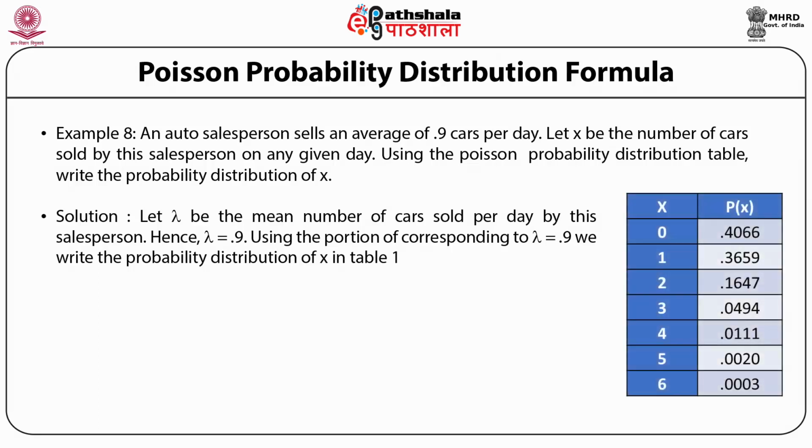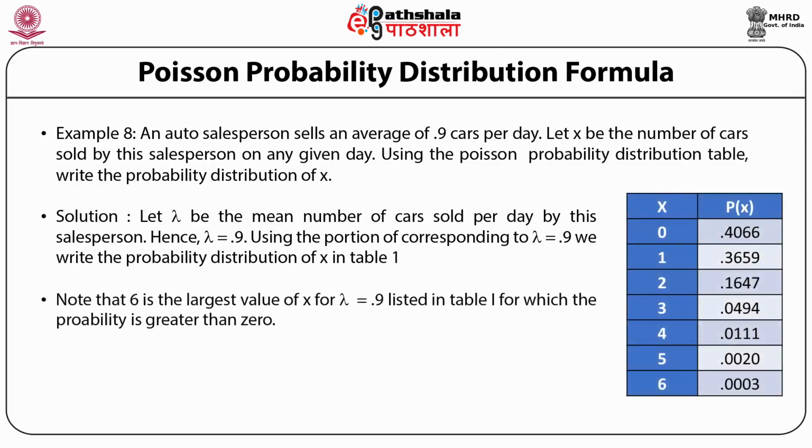Using the portion of the table corresponding to lambda equal to 0.9, we write the probability distribution of x. So note that 6 is the largest value of x for lambda equal to 0.9 listed in the table, for which the probability is greater than 0. However, this does not mean that this salesperson cannot sell more than 6 cars on a given day. What this means is that the probability of selling 7 or more cars is very small.